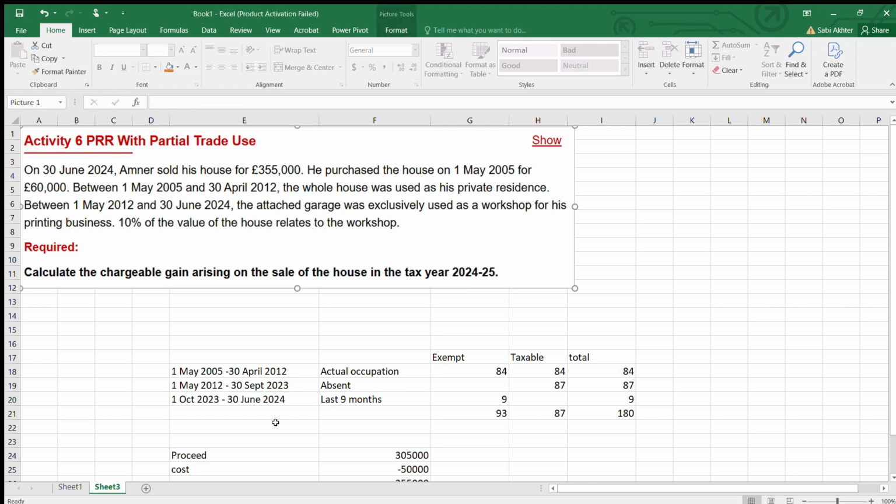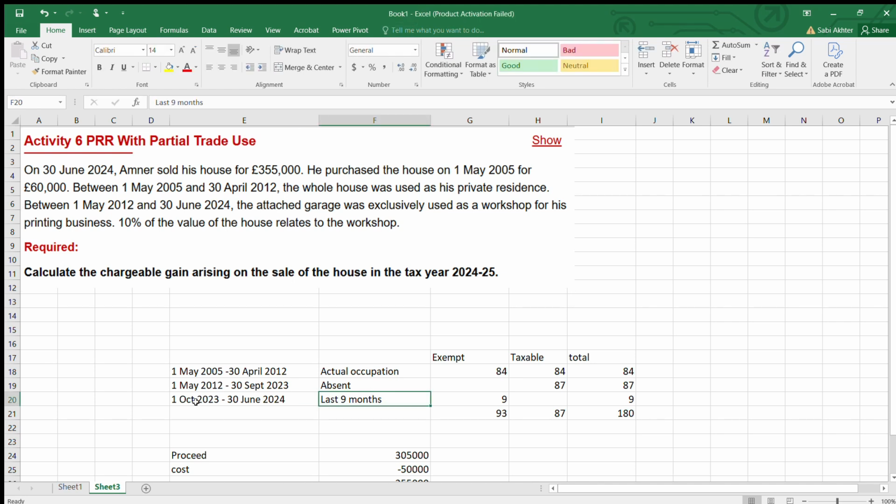See, in case you want to find the last 9 months and you don't know the starting date, go backwards. So 30th June 2024, then go back 9 months. The whole month of June will be taken because this is the end of June.